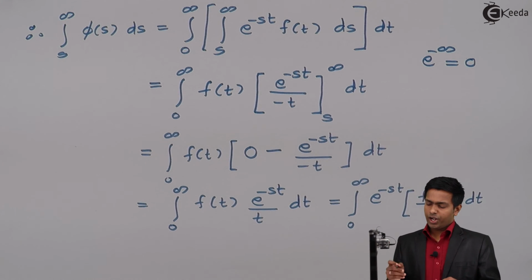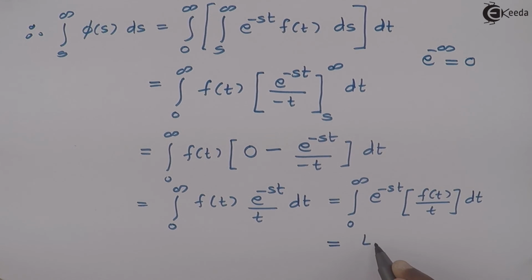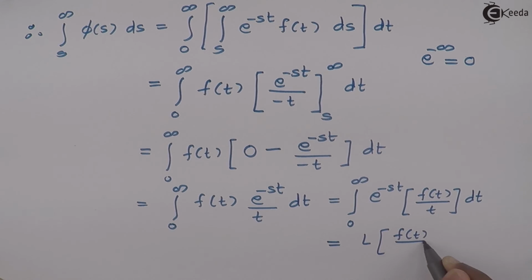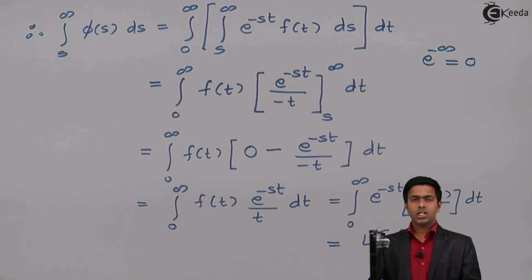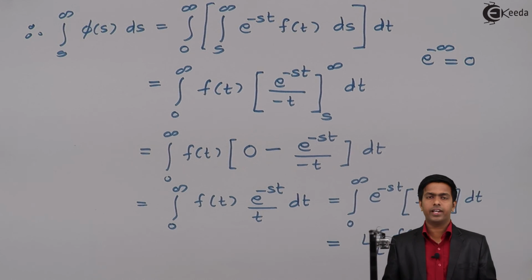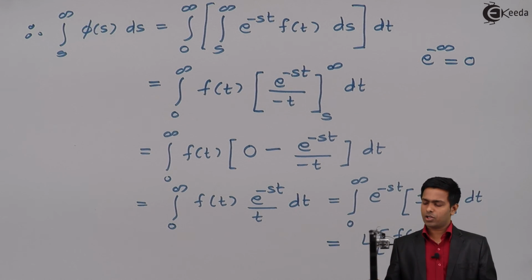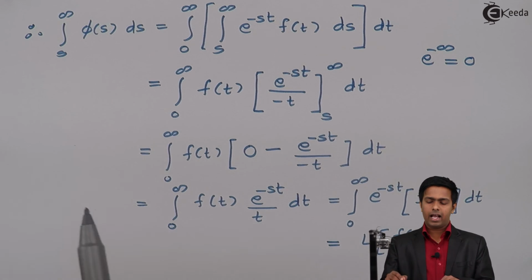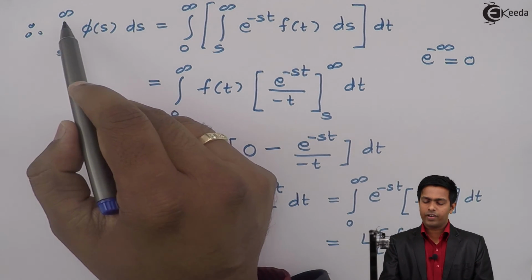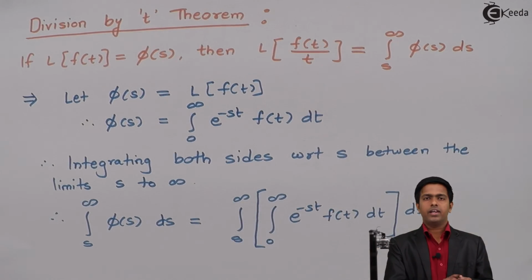And now my friends, if you compare this integration with the definition of Laplace transform, you will find that it is nothing but Laplace of f of t by t, because as per the definition we have integration 0 to infinity e raised to minus st f of t dt, and here now the function is f of t by t, so it is nothing but Laplace of f of t by t. So we got the value of Laplace of f of t upon t as integration s to infinity phi of s ds, which is our division by t property.